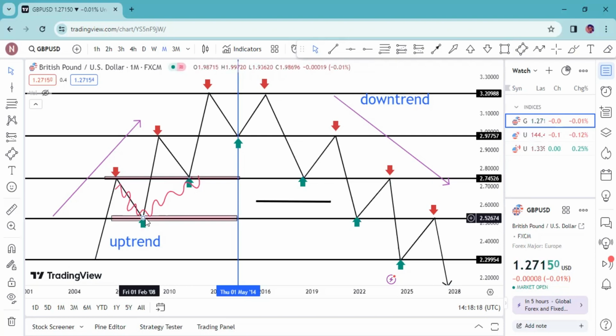So now the market has reached my level. The market is now in my level, and this is the pattern it's for. I cannot enter immediately. I will take this line up to this level.